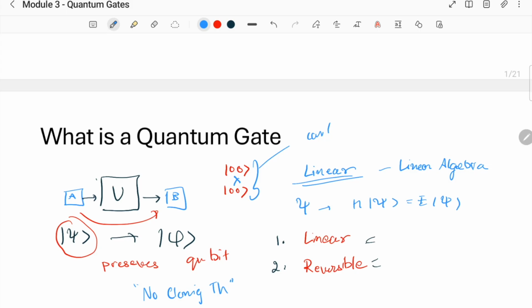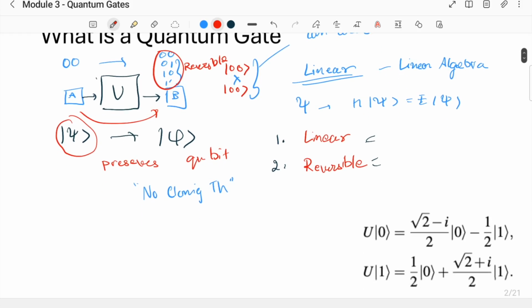Therefore, if the system A is 0 0 and we operate a gate U, we cannot obtain 0 0 and 0 0. This must be something else, either 0 1, 1 0 or 1 1. And this is only possible if this quantum gate is reversible, because if it is irreversible, it will repeat one of these. So that is the reasoning behind it being reversible.